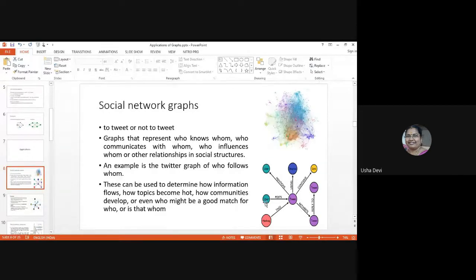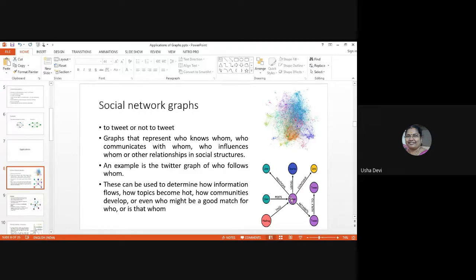Users are connected here. These are the major vertices according to our graph, and a tweet is another component, another vertex, and the communication here is any one of the posts. Just take only these two components alone. User is one of the vertices, and similarly tweet is another component.